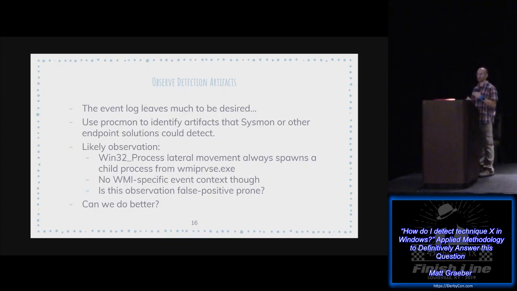So one thing that you might observe would be that anytime Win32_Process lateral movement is performed, it always spawns a child process from wmiprvse.exe. So that is valuable. I don't want to negate the value of that. But is that going to give us enough context behind lateral movement?